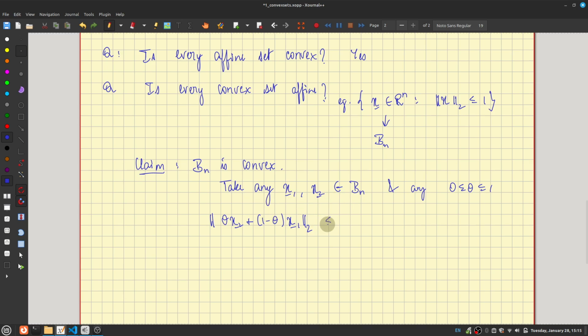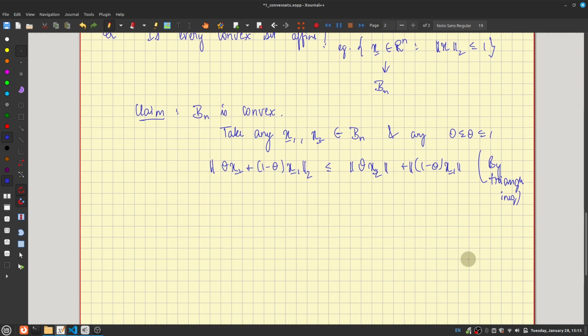Now this, just by triangle inequality, is less than or equal to the norm of theta x2 plus the norm of 1 minus theta x1, just by triangle inequality.